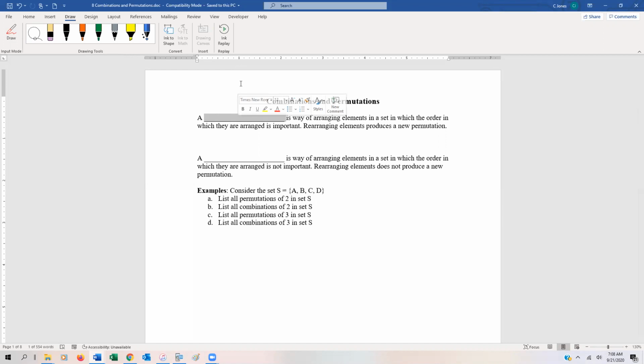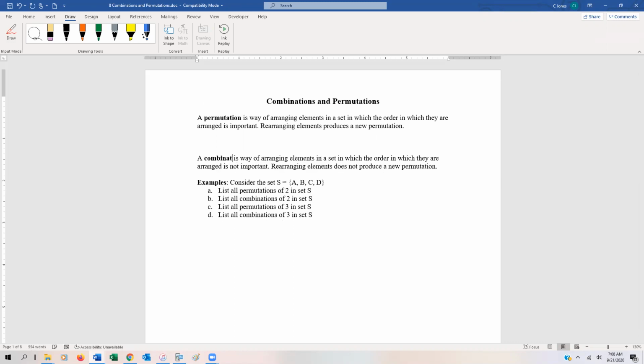So whenever you select objects, and if you flip the objects around, you produce a new order, that's called a permutation. A permutation is a way of arranging elements in a set such that the order that they are arranged is important. If you flip those around, you're going to get a new permutation, right? And then the other type is the combination.